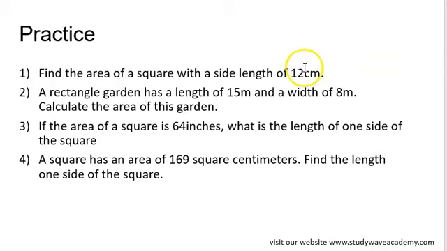You do that looking at the previous example and you get your answer. Two, a rectangular garden has a length of 15 meters and a width of 8 meters. Calculate the area of this garden. You look at the previous solving we have done and calculate also. I hope you understood. Good.